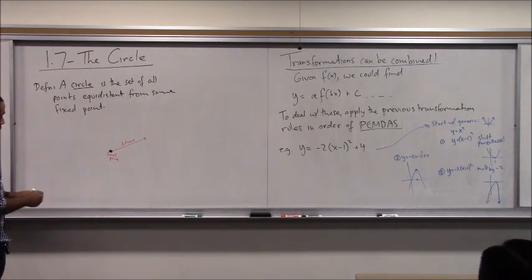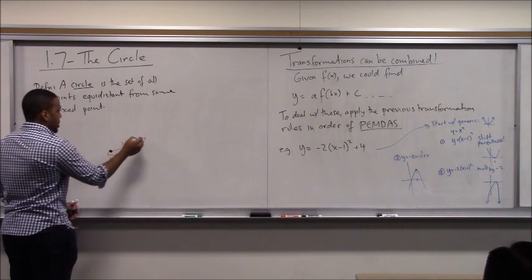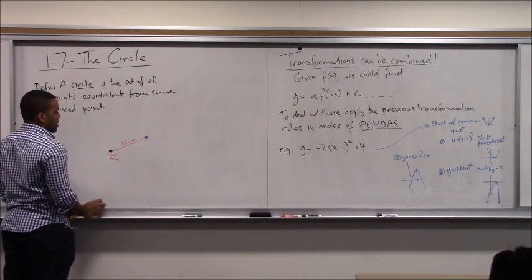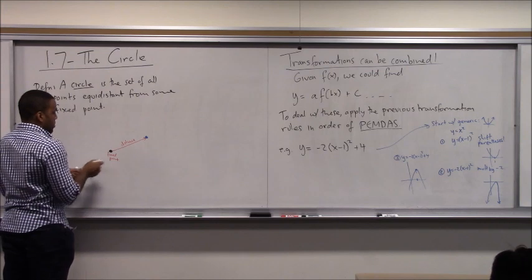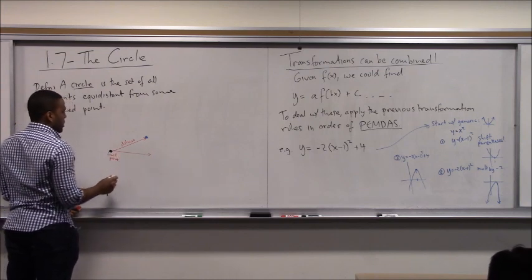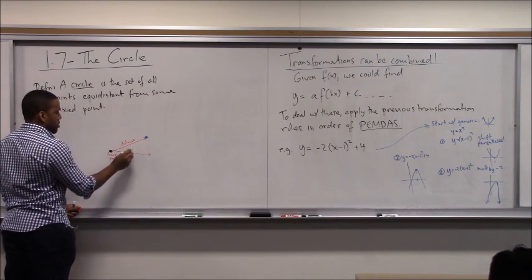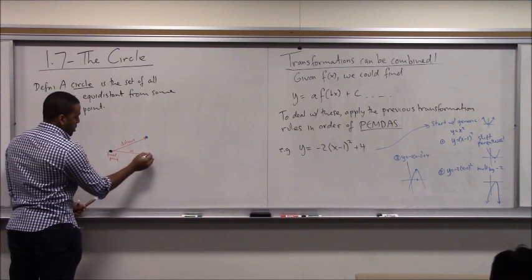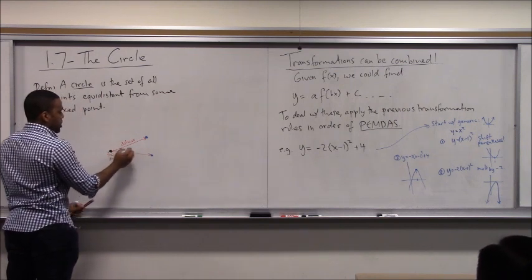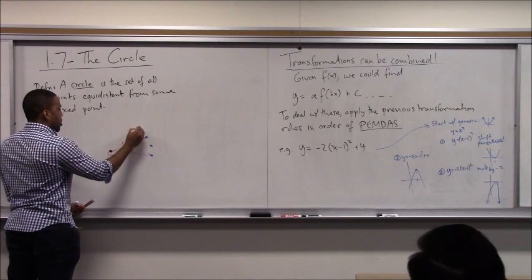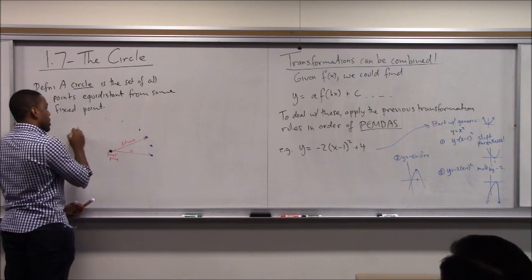And there is some distance, and you pretty much want to find all points that are that distance away. So here's one point that's that distance away, and you might say, oh, what if I measure that distance over here? Same distance, right, same d. Oh, well, there's a point there, and pretty much you're trying to plot all the points that are that same distance away.